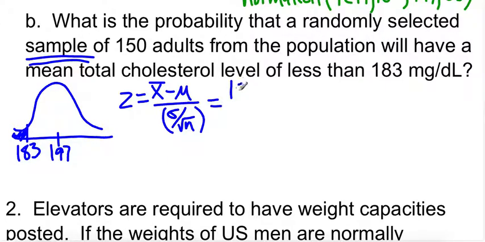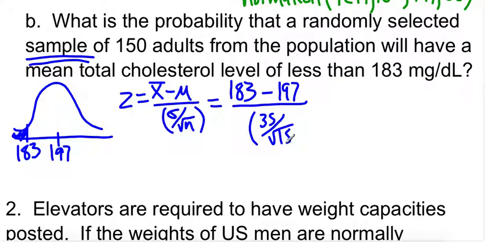So we get 183, our sample mean, minus mu, our population mean, divided by sigma, which was 35, over the square root of our sample size, which is 150 people. When we put that all into our calculator, we get negative 4.90.